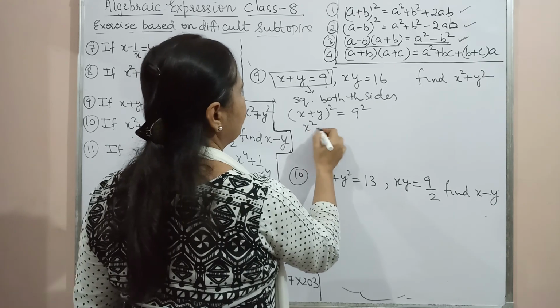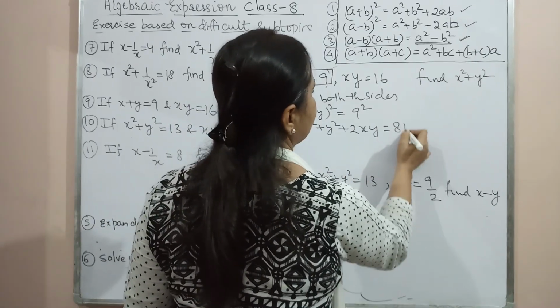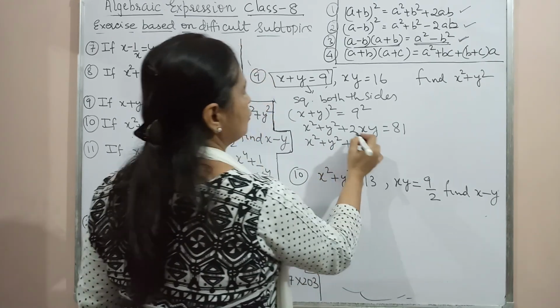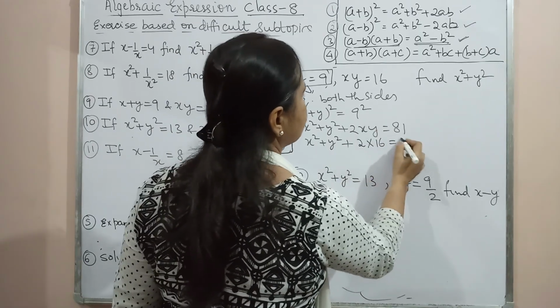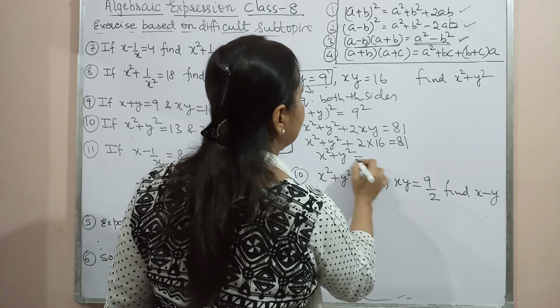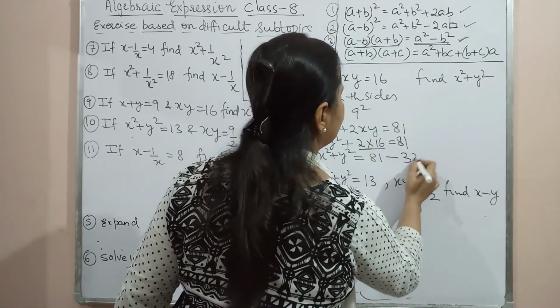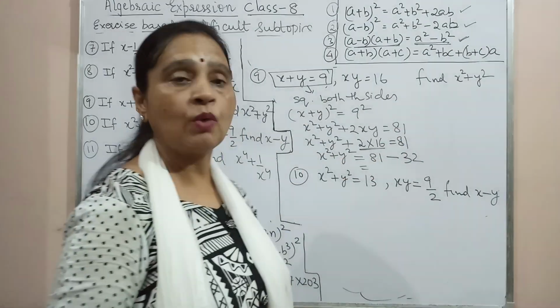So x square plus y square plus 2xy is equal to 9 nines are 81. So x square plus y square plus 2 into xy, whose value is 16, is equal to 81. That means x square plus y square will be, 16 twos are 32, it is 81 and it will be subtracted on that side. So we get the value of x square plus y square.